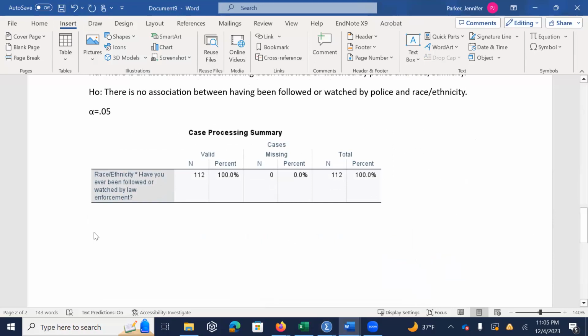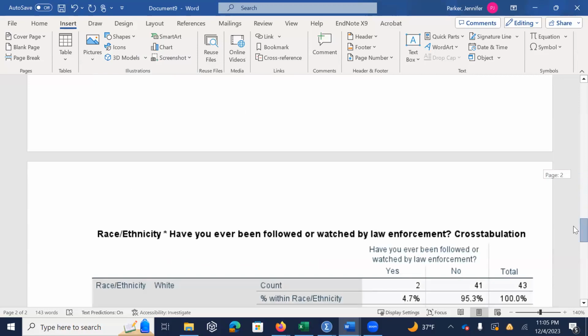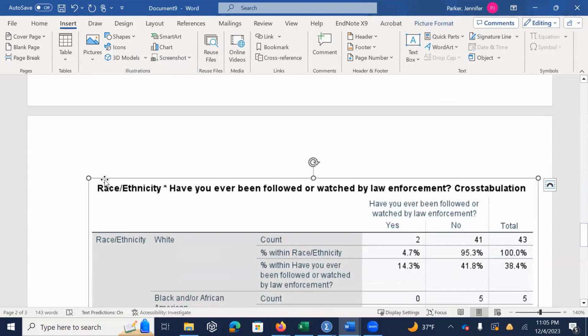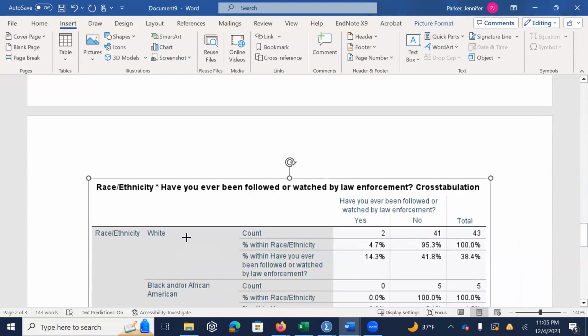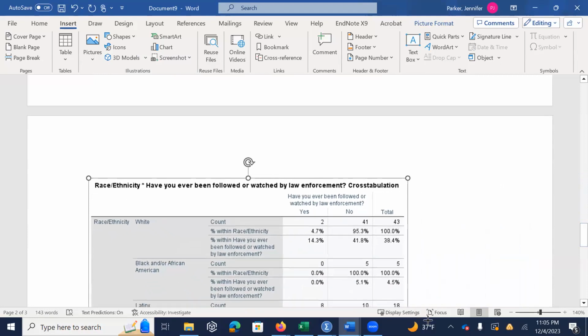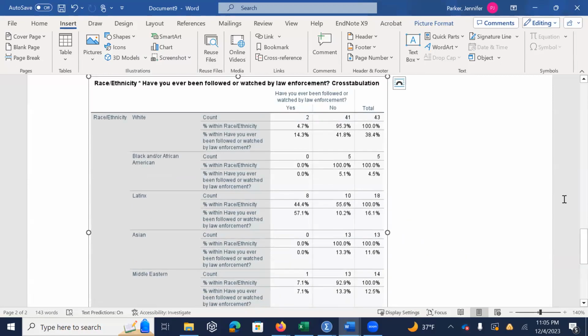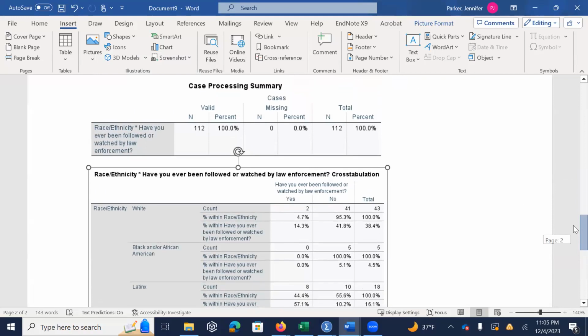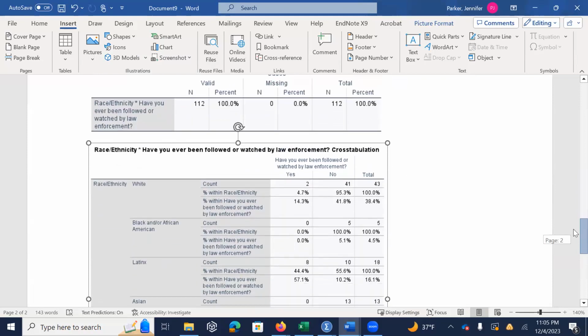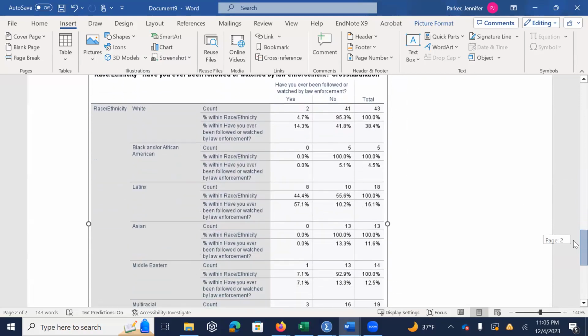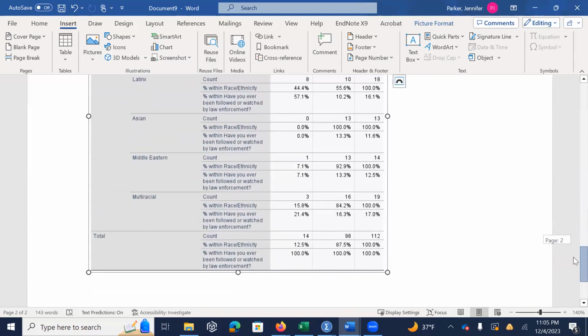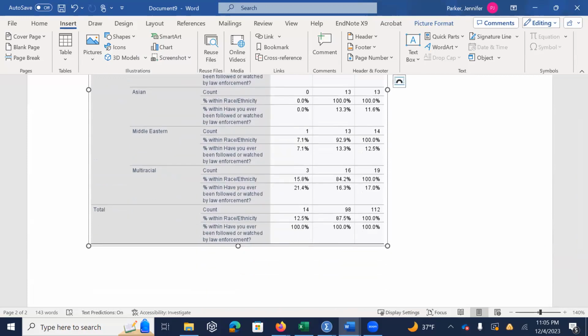I'm pasting it as image files so it's easier to deal with. It's massive. I can shrink it quite easily this way. Okay. And now we can write up the results. Oops, sorry, there's one more piece, the chi-square test.